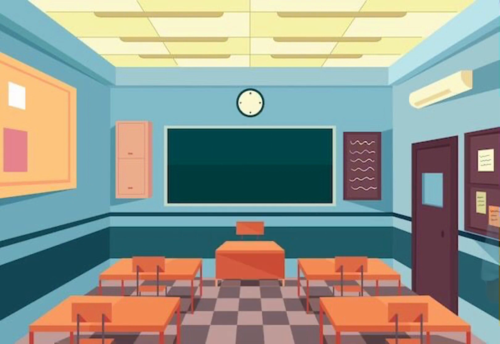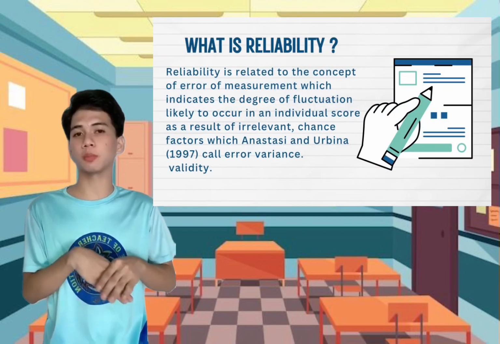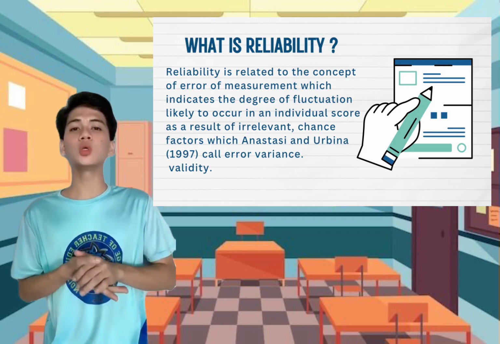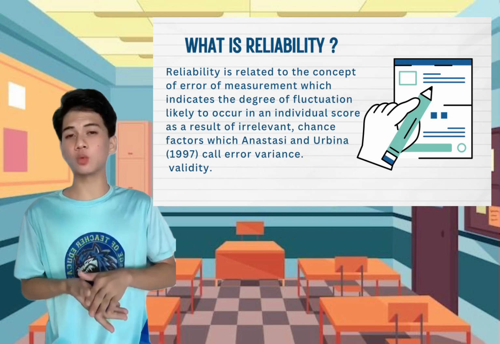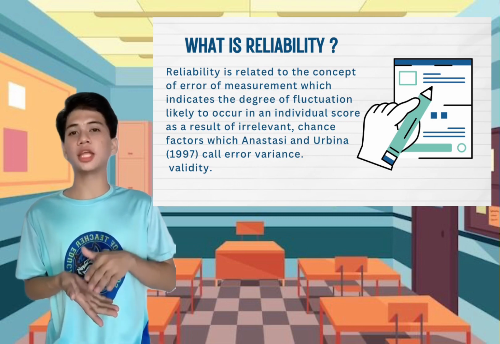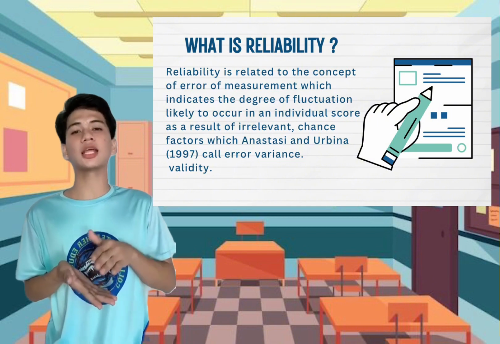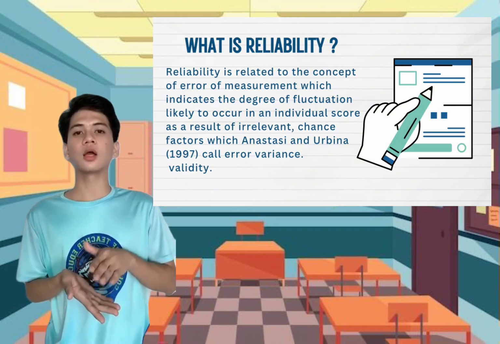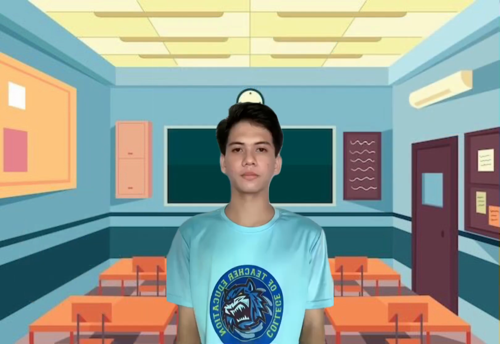Now, what is reliability? Reliability is a related concept of error of measurement, which indicates the degree of fluctuation most likely to occur in individual scores as a result of irrelevant, chance factors, which Anastasi and Urbina in 1997 call error variance.